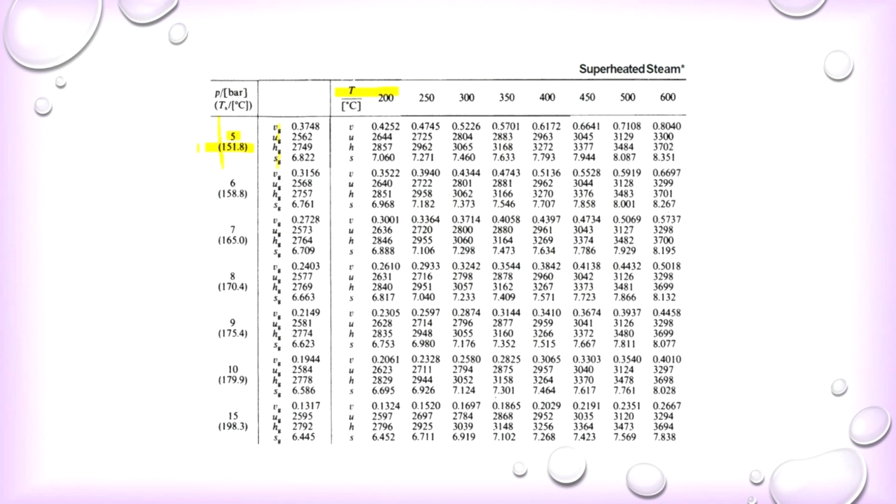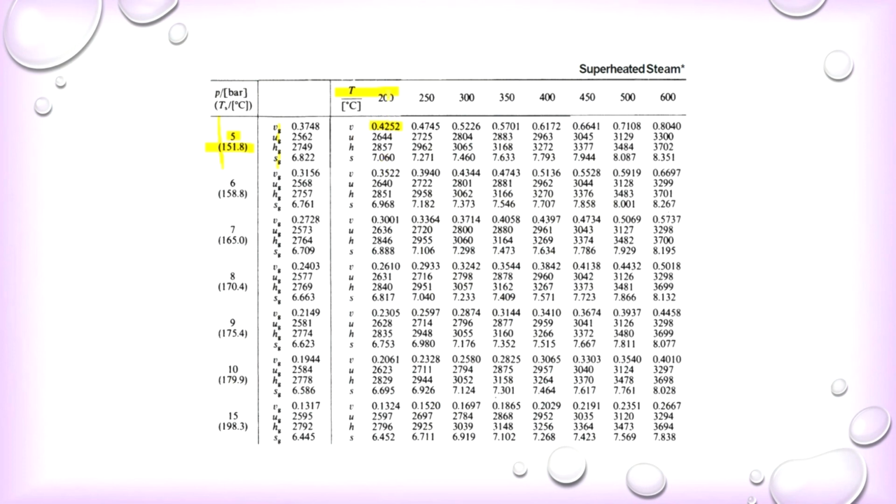Then the volume will be this, internal energy will be this, enthalpy, entropy will be this, if dry saturated. If you got something that is more than, for example, this is vg. You can see this volume is more than your vg. So that means this condition here is superheated.